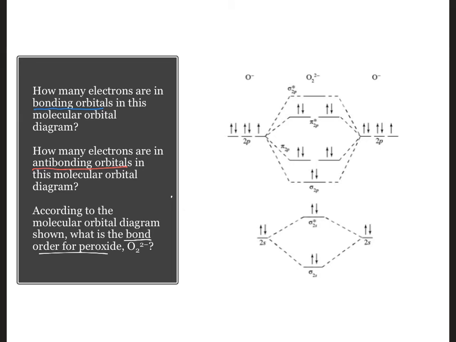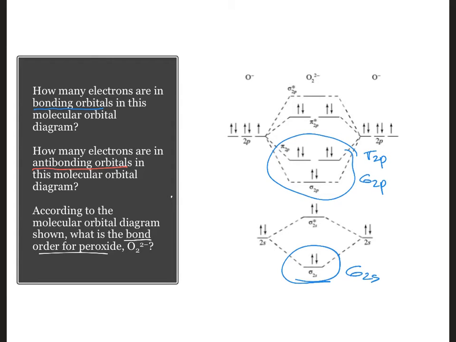So first, our bonding orbitals. Bonding orbitals are always lower in energy. So here we have a sigma 2s. If we go up to the 2p, we know that these are lower in energy. So we've got our sigma 2p from that head-to-head overlap, and then we've got the pi 2p.